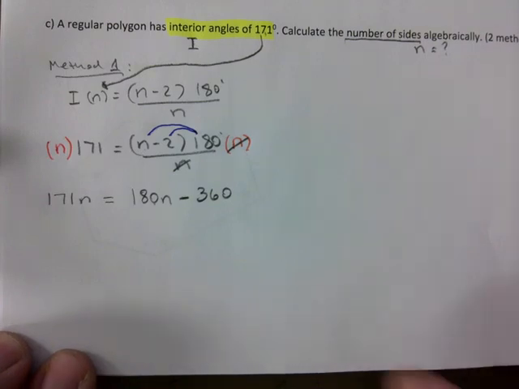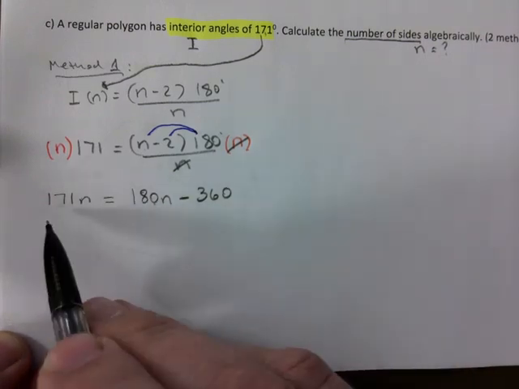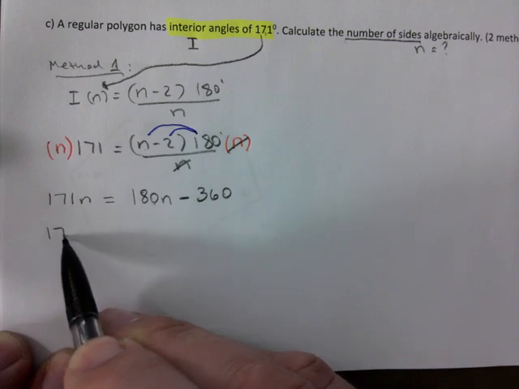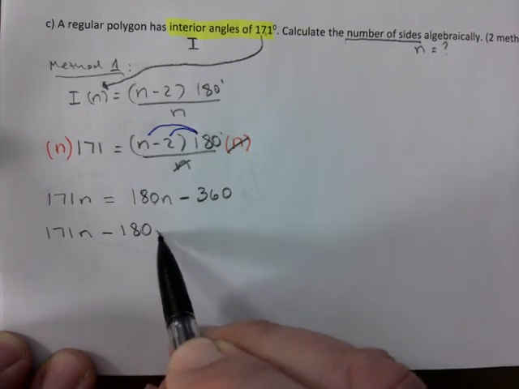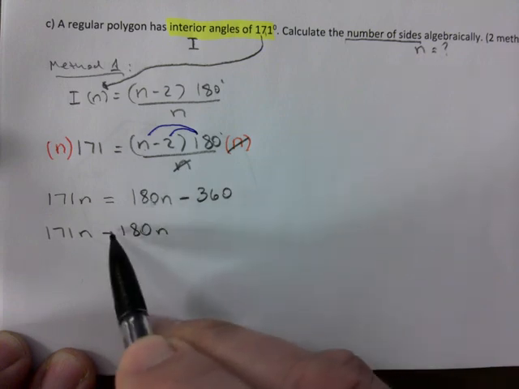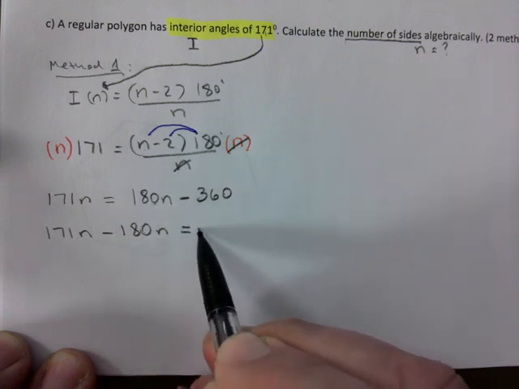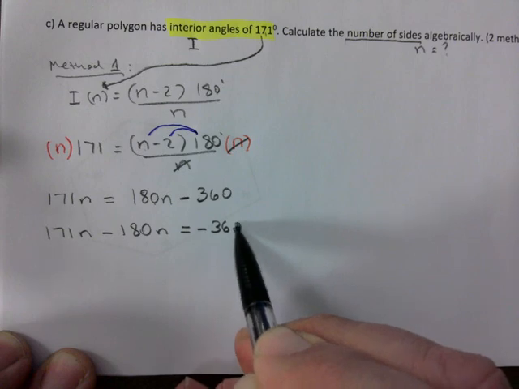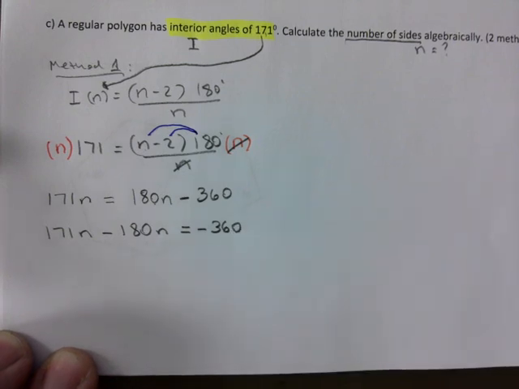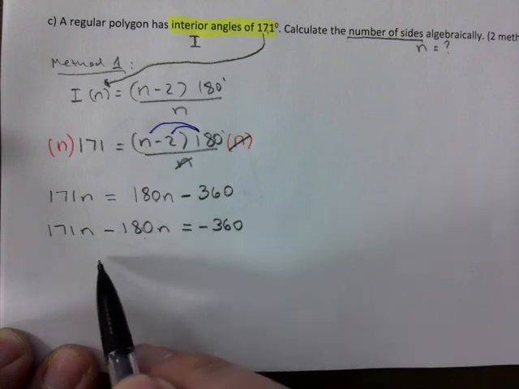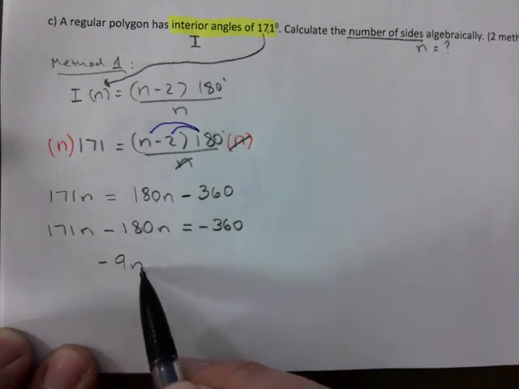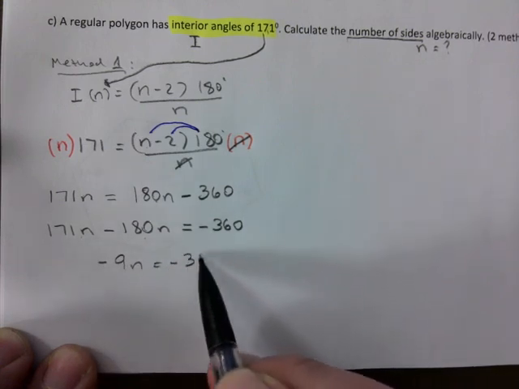Okay. And so then I bring the 180n over because I want all the n's on the same side. And it changes sign, as you can tell, is equal to, don't worry about the negative, it's gonna end up working out just fine. 171 minus 180 is negative 9n is equal to negative 360.